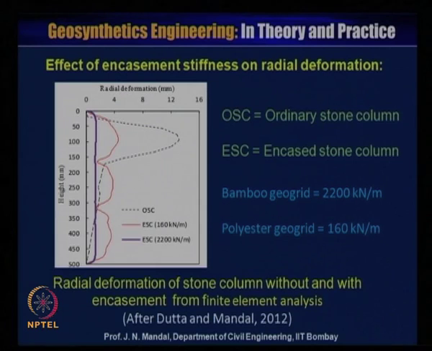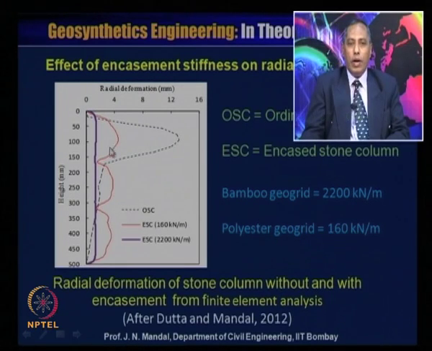This is the radial deformation with respect to height. Here the dotted line is the ordinary stone column, and ESC is the encased stone column, with 160 kilonewton per meter, and also the encased stone column with 2200 kilonewton per meter.